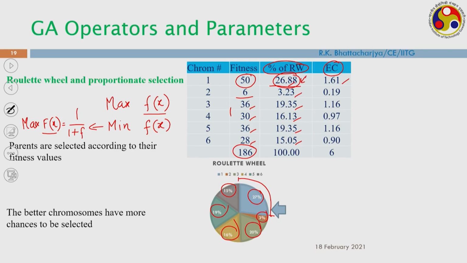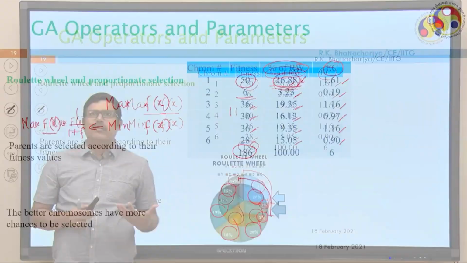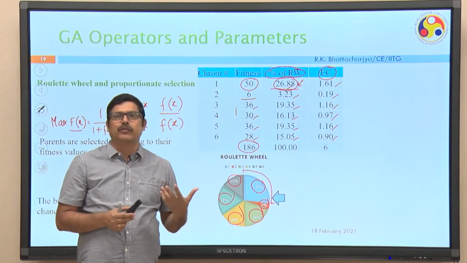So, you will be getting 1.61, and then this is 3.23%. Multiplied by 6, you are getting 0.19, then 1.16, 0.97, 1.16, 0.90, and if you add it, you are getting a total of 6 solutions. But the question is that I cannot select 1.5 solutions.